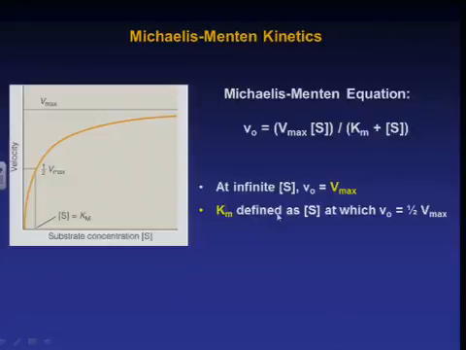So Km is defined as the substrate concentration at which you have half maximal velocity, all right? And we will see in other examples where we can actually plot data to determine Km, to determine Vmax, and that tells us things about the properties of the enzyme.